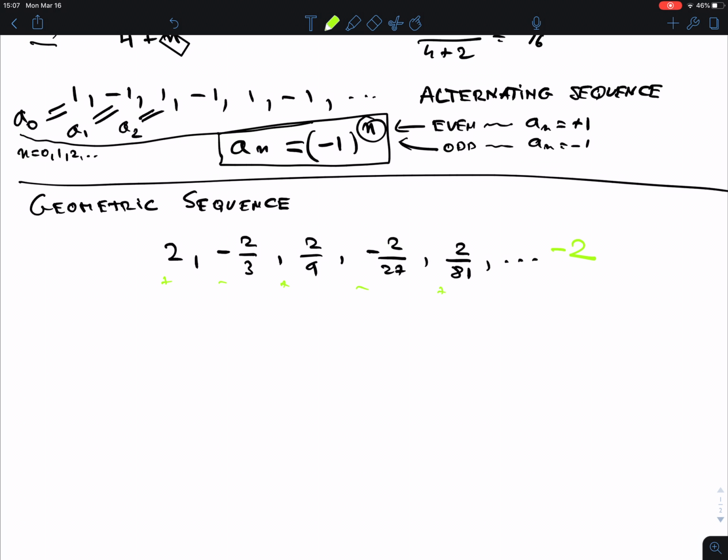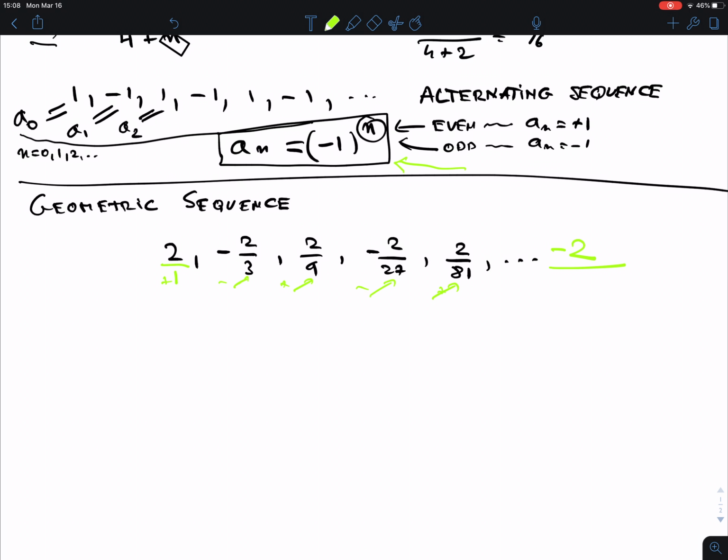We're going to use this trick to get the minus coming there. And what's the denominator now? Well, let's look at the denominators here. The denominators are 3, 9, 27, 81, powers of 3. This is even true for the first one, because that's actually 3 to the power 0.